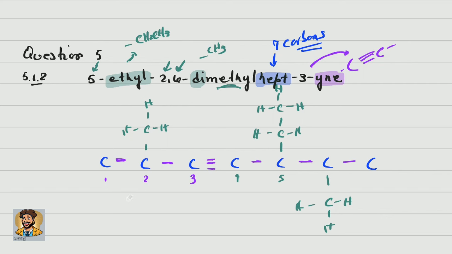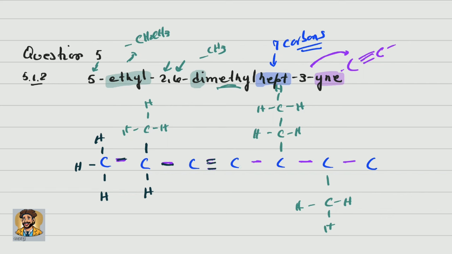The rest is to place the hydrogens and to make sure every carbon has 4 bonds. So we're starting with the first carbon, it has 1, 2, 3 and 4 bonds. There are the hydrogens. The second carbon has 1, 2, 3 and 4 with 1 hydrogen. Now the third carbon, be careful, has 1, 2, 3 and 4.